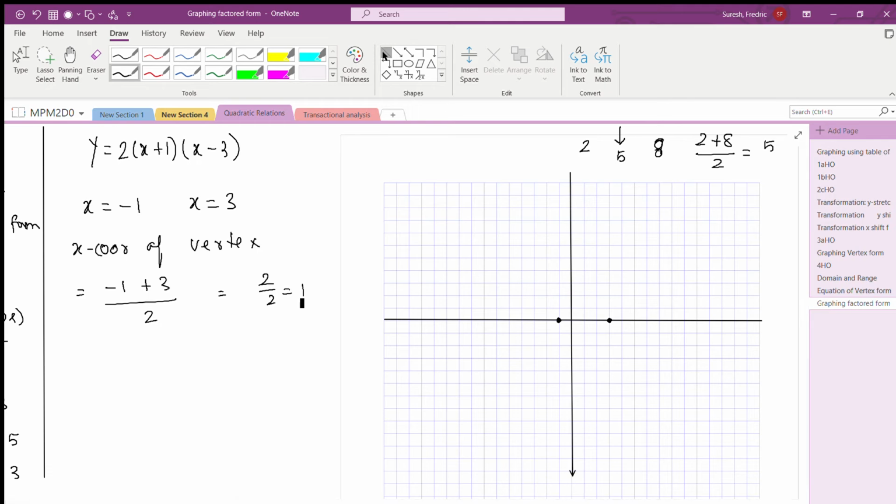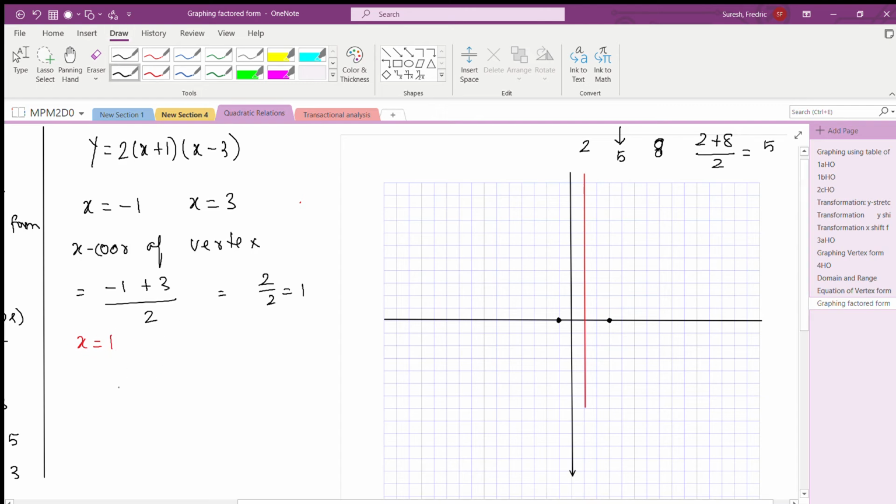So I know that this is the axis of symmetry, and my vertex is going to be on that line. So now I have the x-coordinate. I need to calculate my y-coordinate. Now I have the x value, x equals 1. That is the value of the x-coordinate of the vertex.